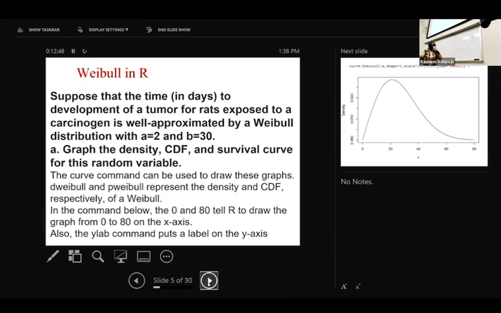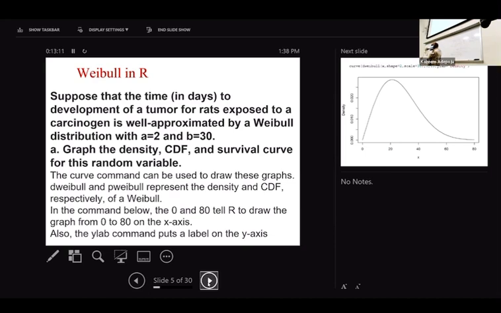And you know what? When alpha equal to 1 and beta equal to 1 over lambda, the Weibull distribution becomes an exponential distribution.